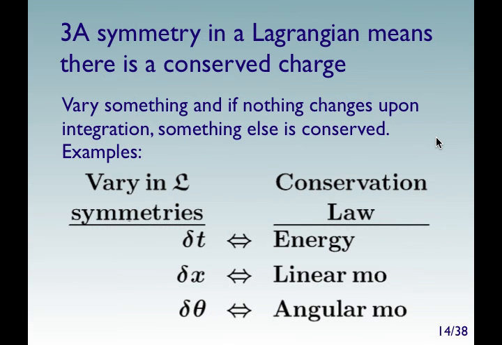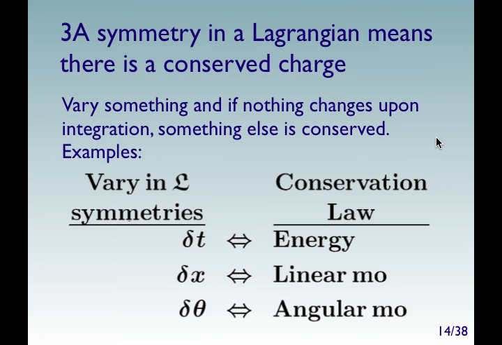So now we're going to look at symmetries in the Lagrangian, because symmetries in a Lagrangian mean there is a conserved charge. So the idea is that we vary something in the Lagrangian, we integrate that over space and time, and if we go out, say, 1 second from now, it'll have some value, and if we go out 100 seconds from now, just varying that thing, we'll get the same kind of result. All right? So let's look at some examples.